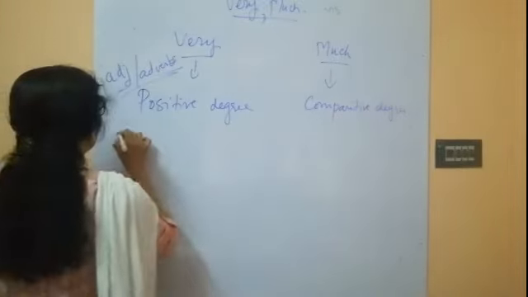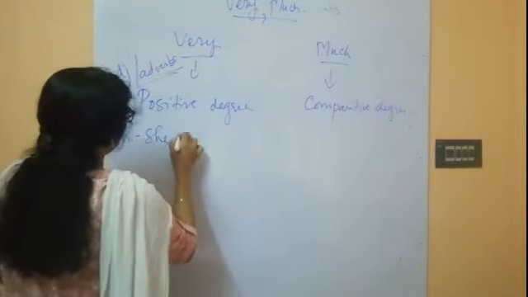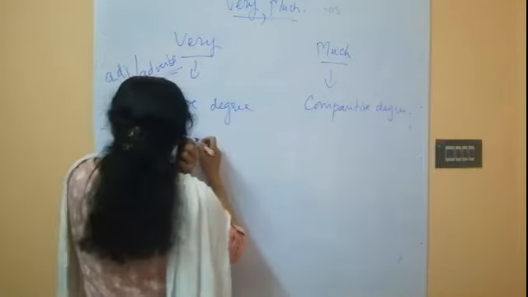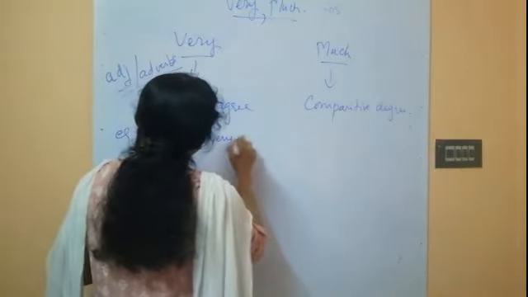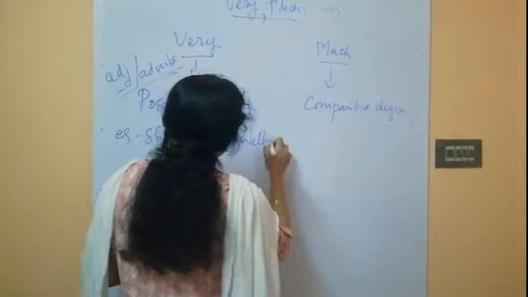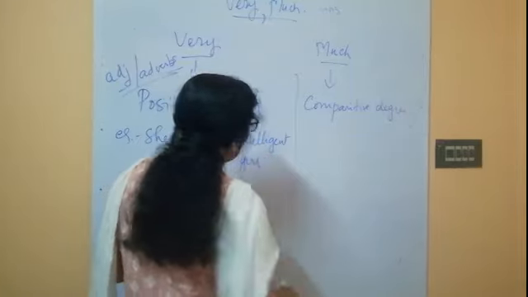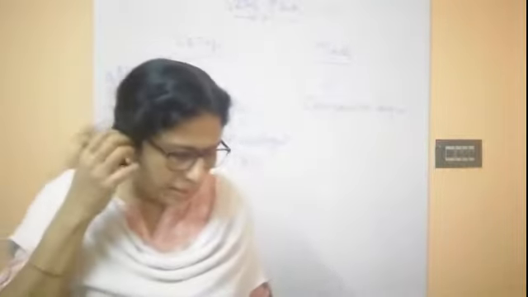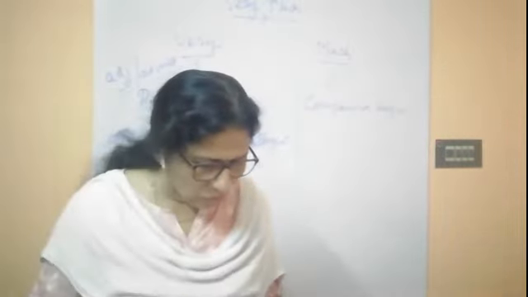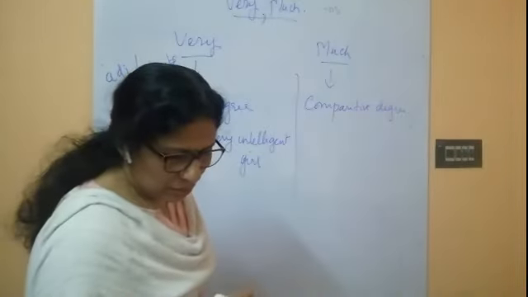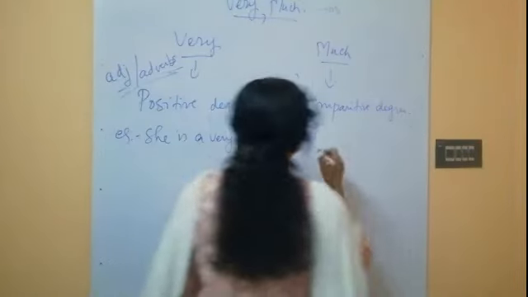Okay, for example: she is a very intelligent girl. Intelligent, we know, is positive degree. And next one, today she is looking much weaker.